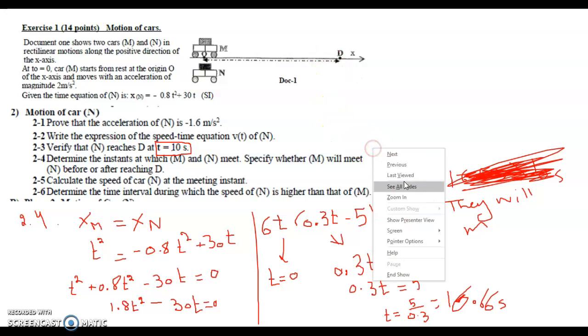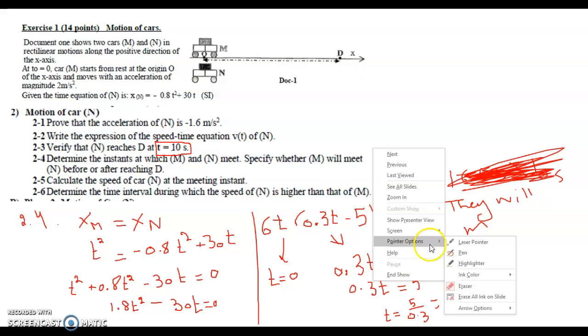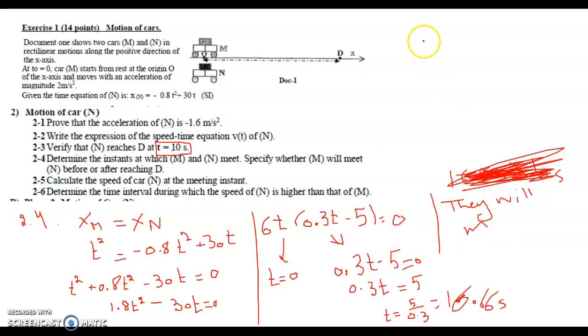Why is that? Because the time at which it reaches D is 14.83 seconds, which is less than the time at which they meet, which is 16.66.